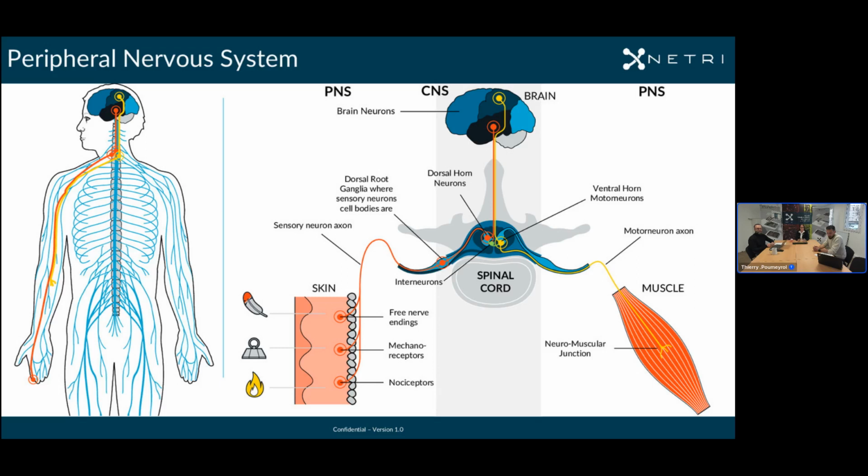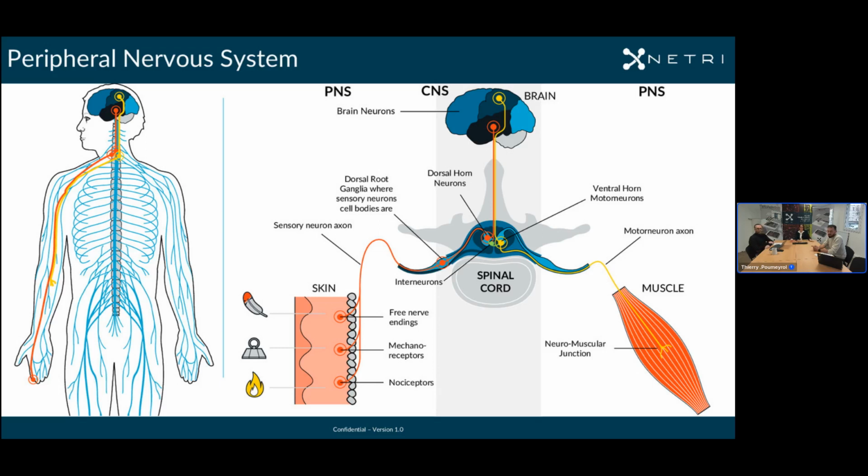So the peripheral nervous system will be all that is not inside the bone, like the central nervous system. And you will have the sensory motor system, which is really divided between the sensory parts.